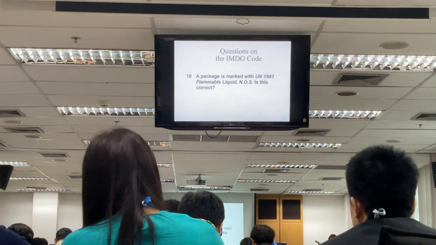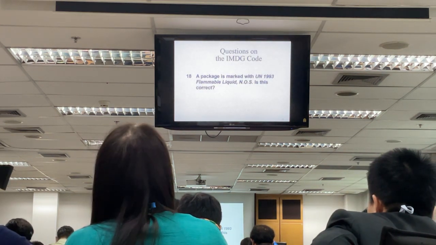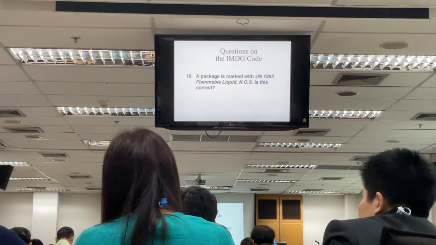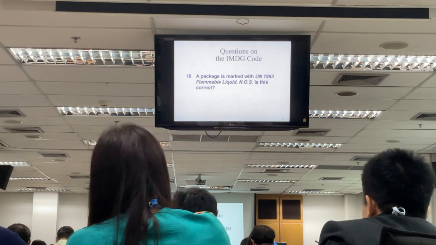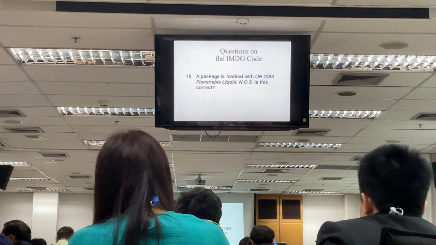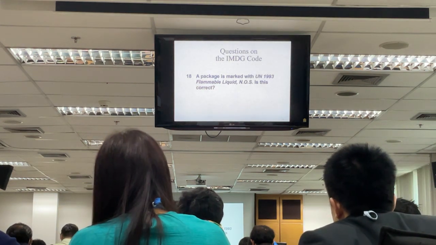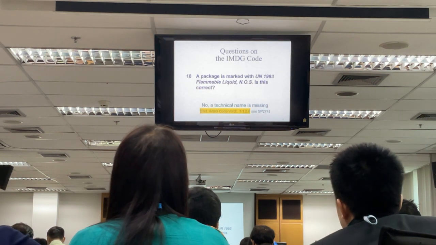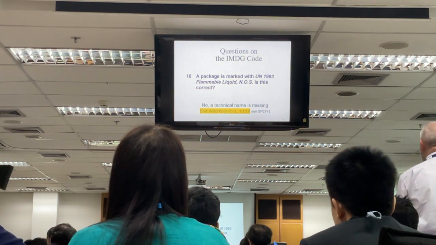18. A package is marked with UN 1993. Yesterday we saw it. Flammable liquid NOS. Is this correct? Yes, correct. Is there something missing? Technical. Brown. Yes. A technical name is missing.